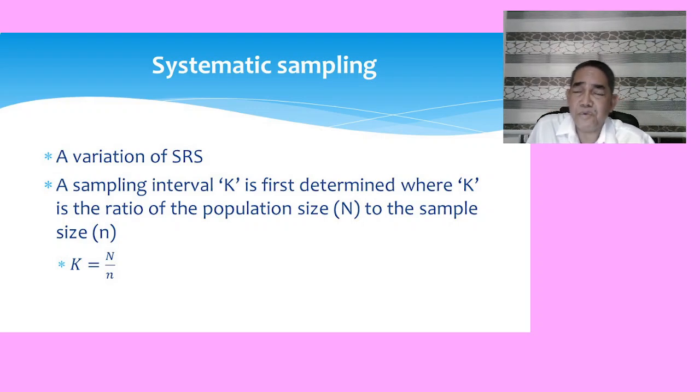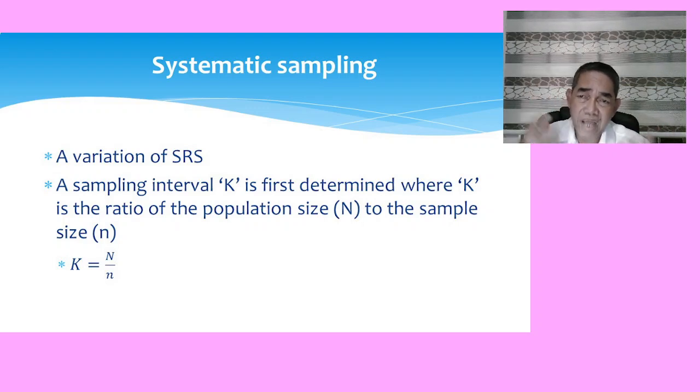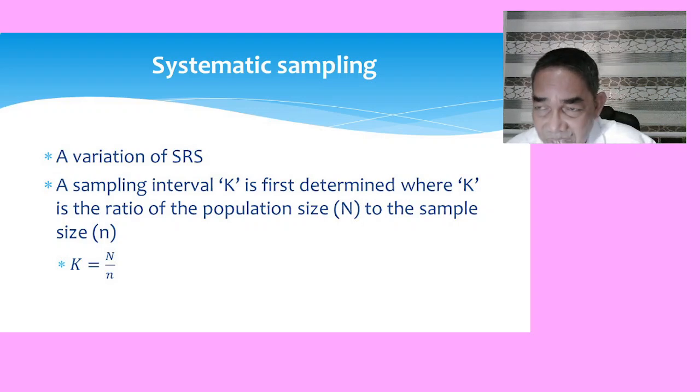So if, for example, we have 3,000 medical students in FEU, and I want to get a sample of 100 people, I first calculate for the K. So 3,000 divided by 100, that's equal to 30, and then K will be equal to 30.